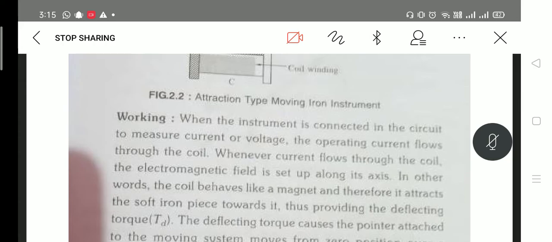In this unit, mostly he is asking questions on the construction of the PMMC instrument and the MI instrument. In the MI instrument we have two types, attraction and repulsion type, and another topic is the electrodynamometer type.